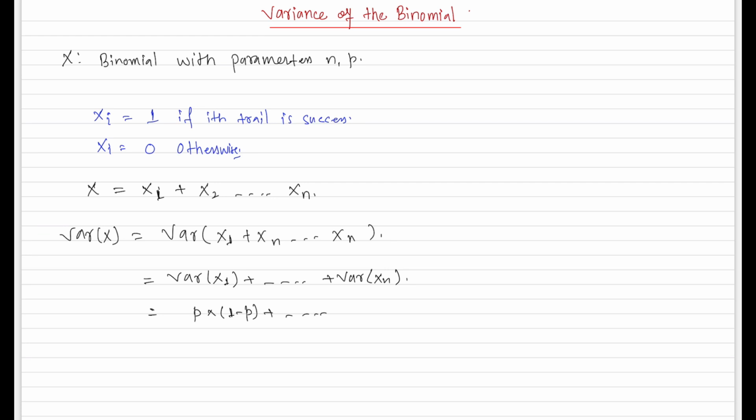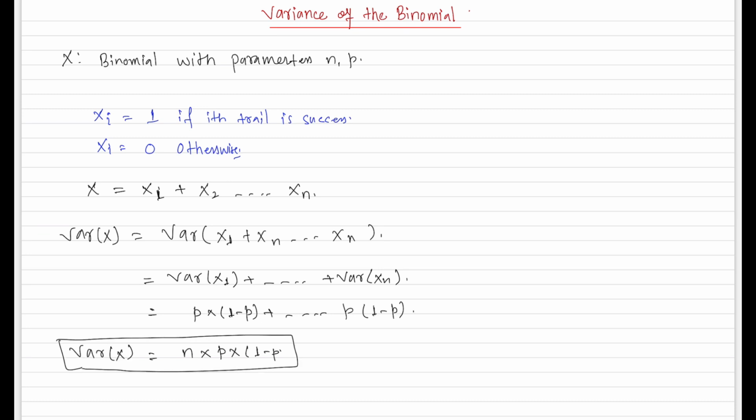We have n such terms, so that would be equal to n times p times 1 minus p. So this is the variance of the binomial random variable.